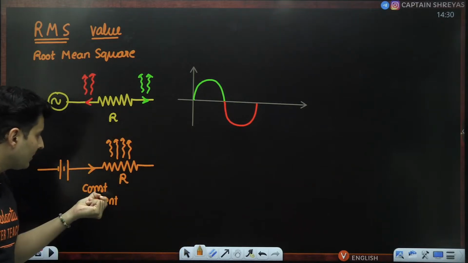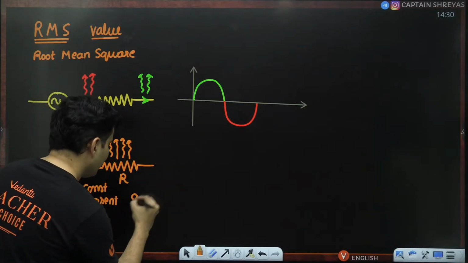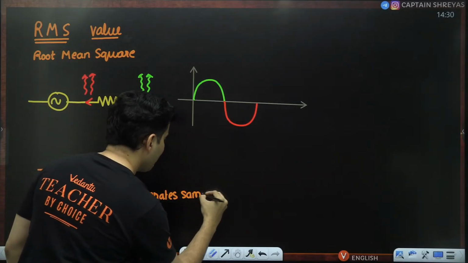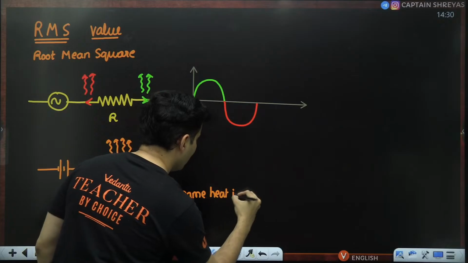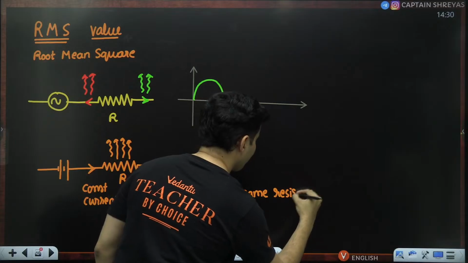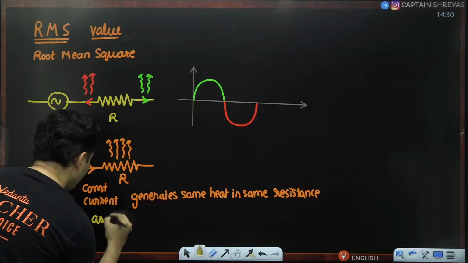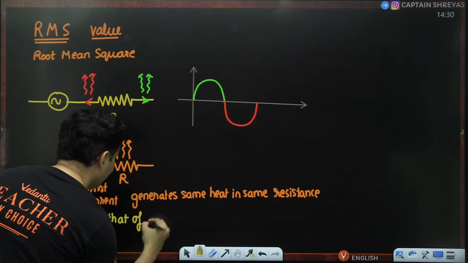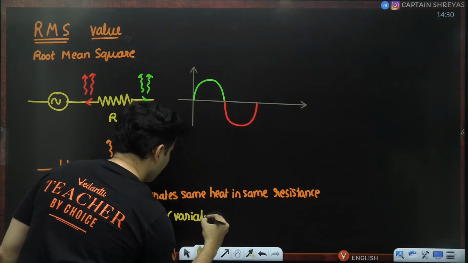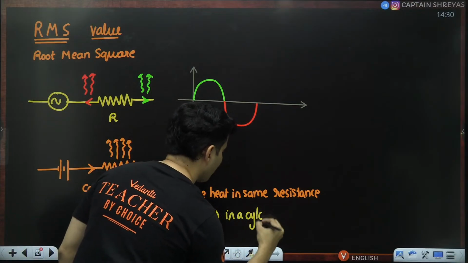Such a constant current generates the same heat in the same resistance as that of the alternating current, which is variable in nature in a cycle.